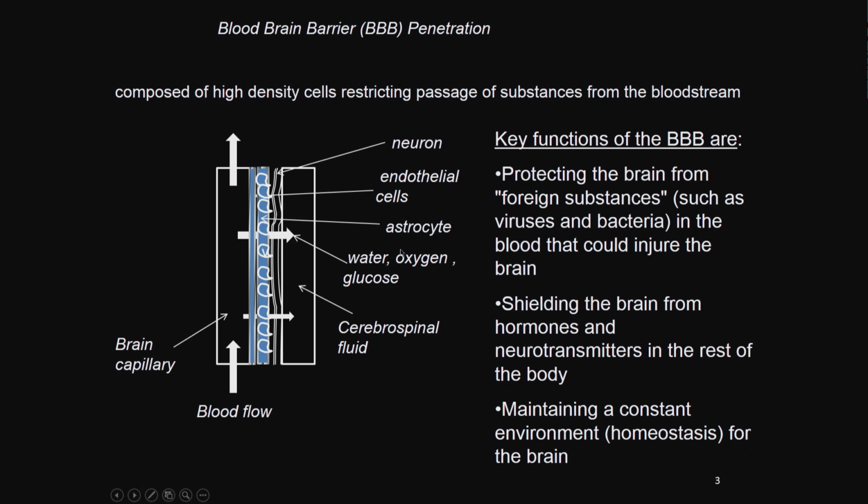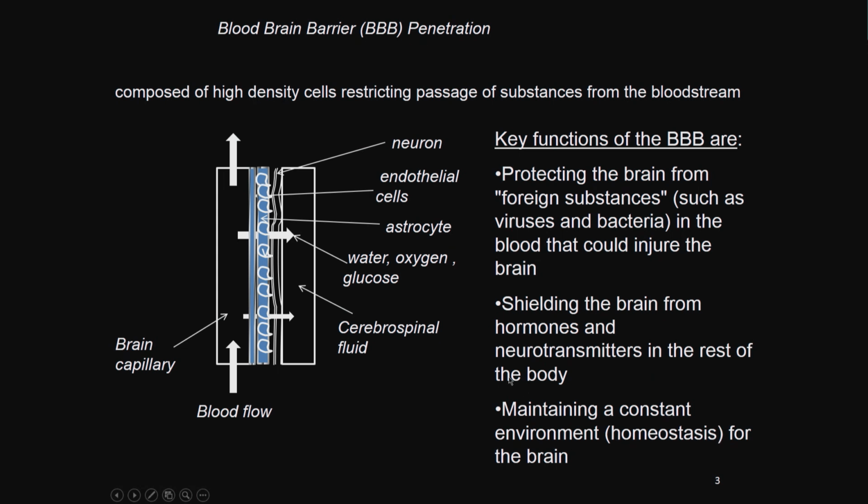It allows, of course, as I said, nutrients, oxygen, water. Basically it protects the brain from foreign substances such as viruses, bacteria that may be present in the blood. It prevents large molecules from passing through. So it shields the brain from hormones and neurotransmitters, maintaining a constant environment.